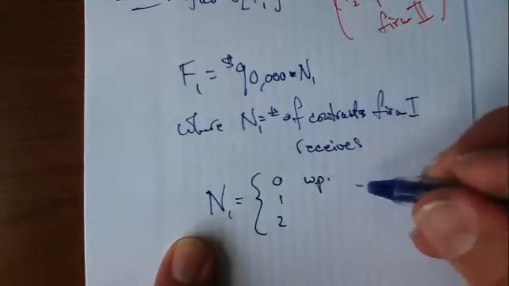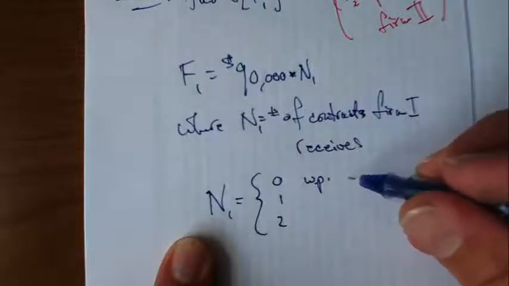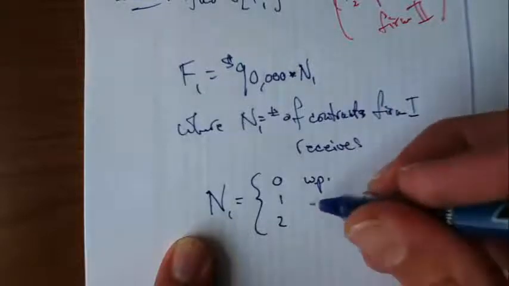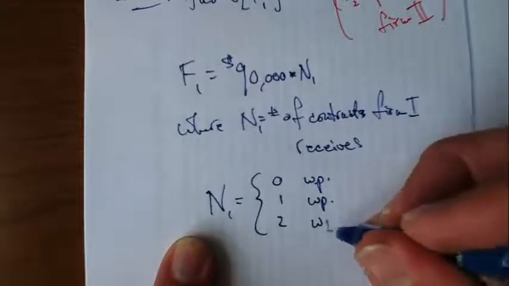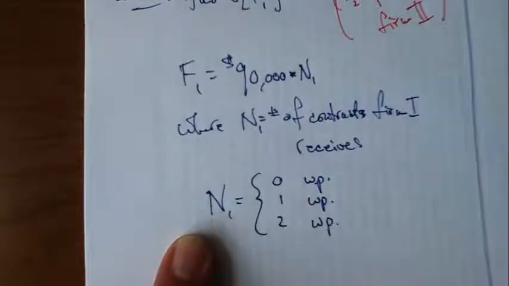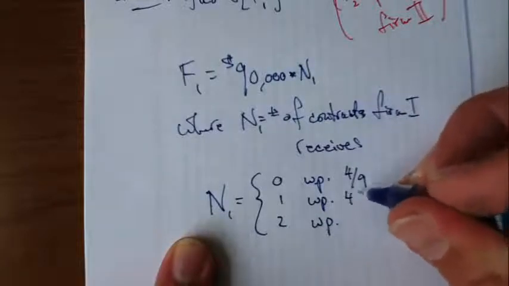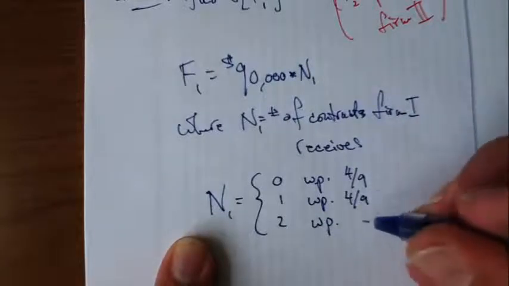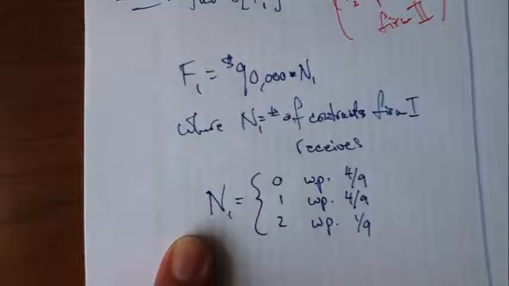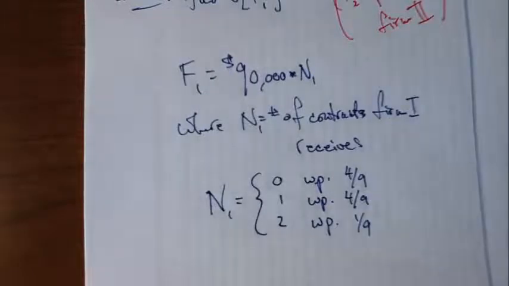It's the probability that firm 1 gets no contracts. Maybe you want to pause the video and work it out. Hopefully you got what I got. I'm not going to slug through that, but that's the deal there.